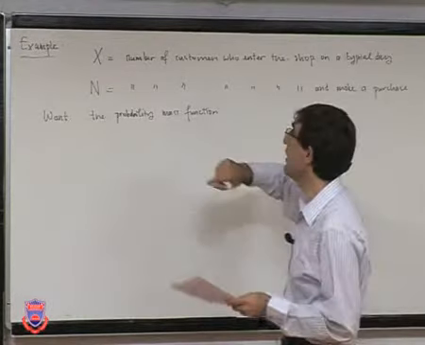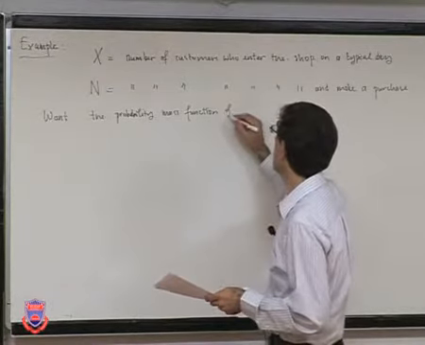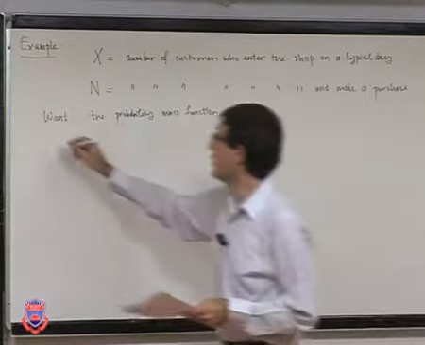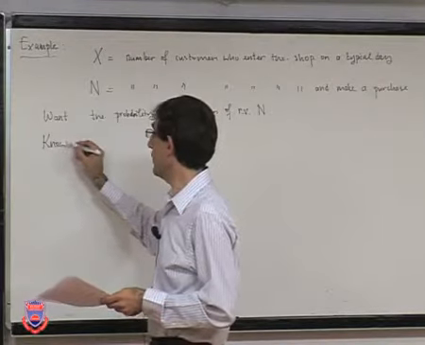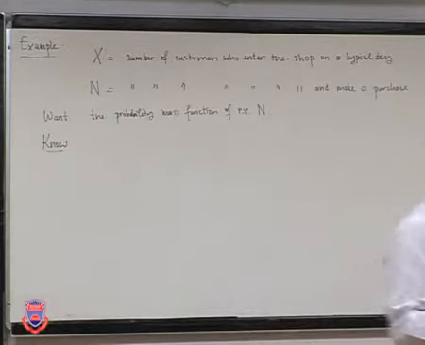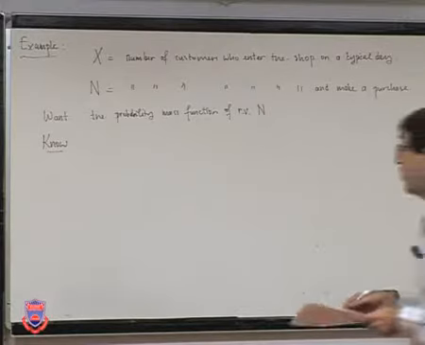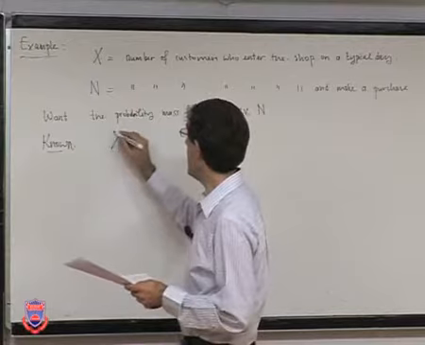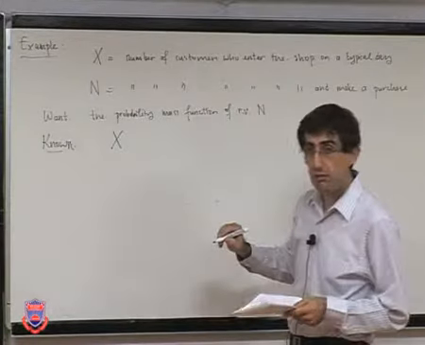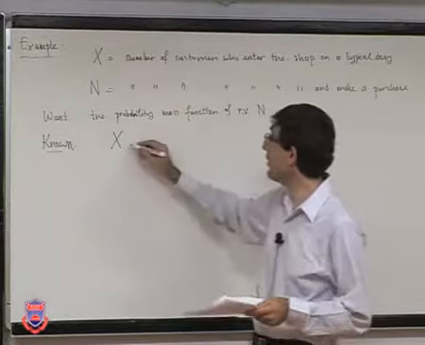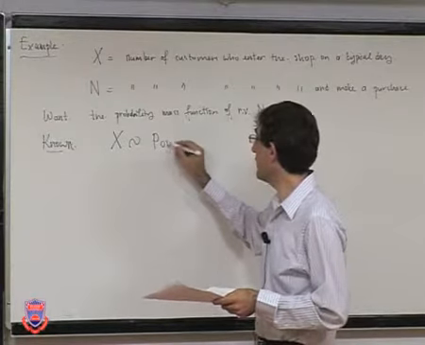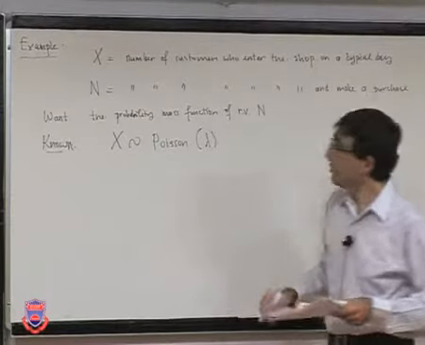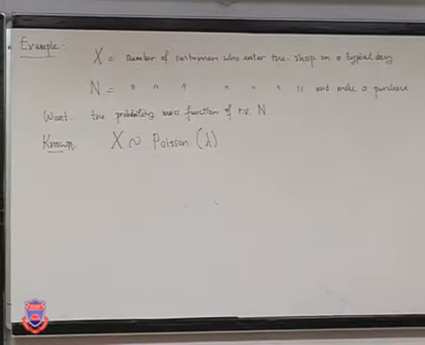Therefore, we are interested in the mass function of the random variable N. But in order to solve this problem, I also need to find out what is given to me. What do I know? First of all, I know the distribution of random variable X. The number of customers who enter the shop on a typical day, according to this statement, has a Poisson distribution with mean lambda, that is given.